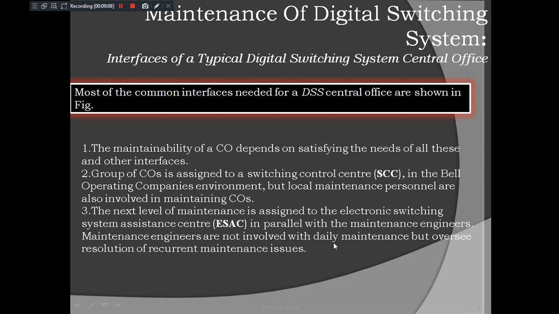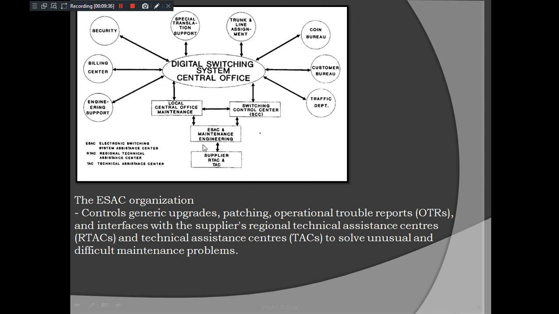That is what the electronic switching system assistance center is. Engineers play a very important role here, whereas in the SCC maintenance personnel come in. Both work hand in hand for the proper maintenance of the DSS central offices. The typical figure looks like this.